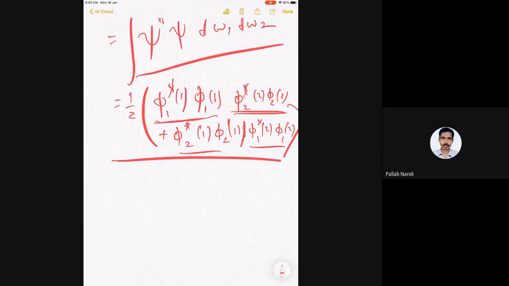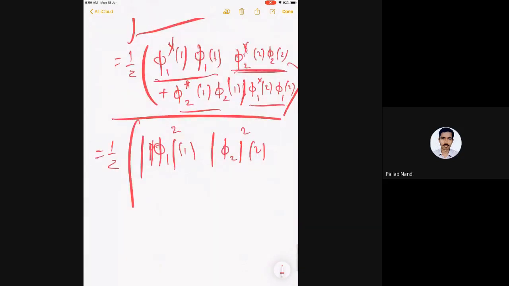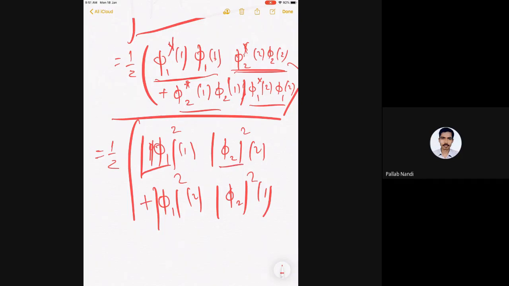So I can write this more clearly as a half of mod phi 1 square 1, mod phi 2 square 2, plus mod phi 1 square 2, mod phi 2 square 1. Just to emphasize the density of electron 1, density of electron 2, and their interchange.